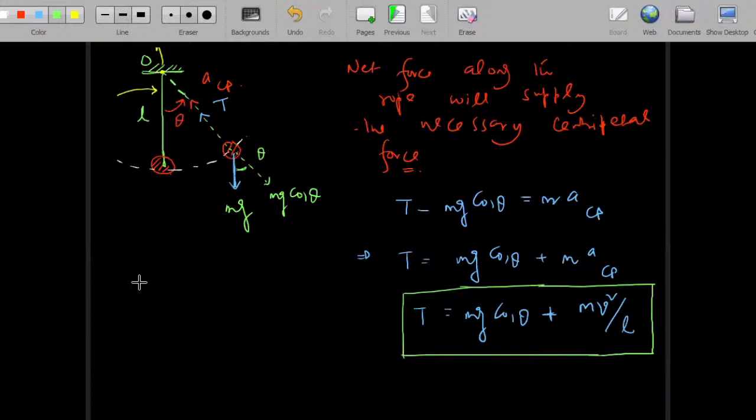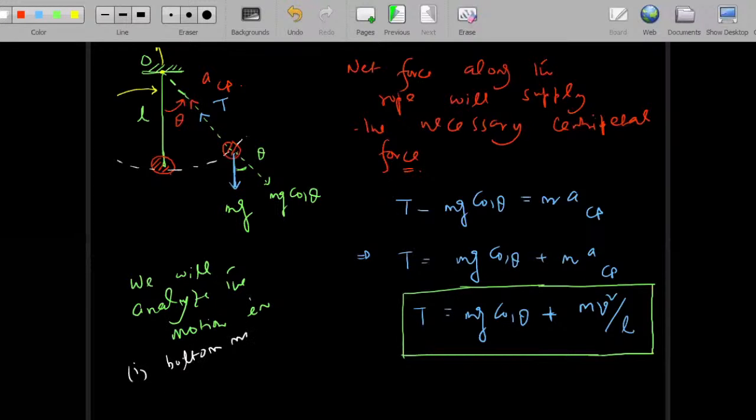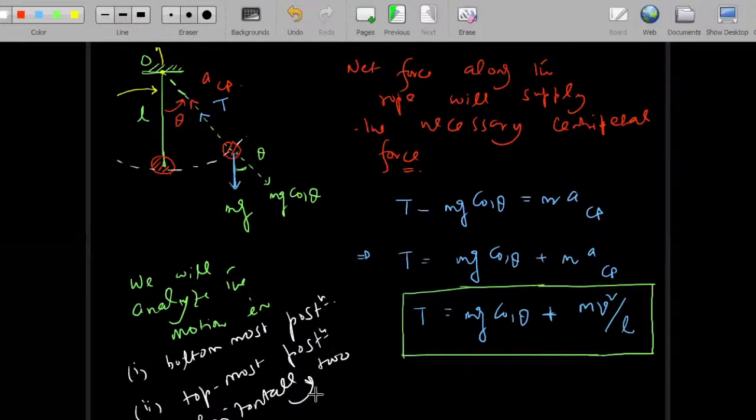So our target now is to analyze the motion at point number 1, the bottommost position, point number 2, the topmost position, point number 3, the horizontally two opposite positions.